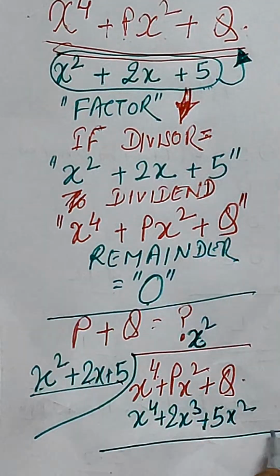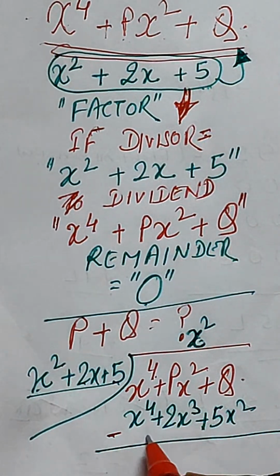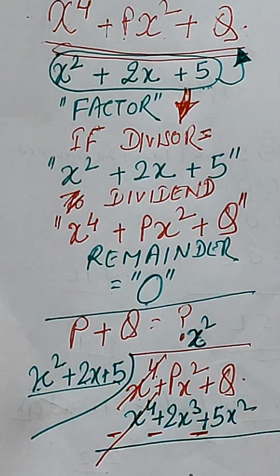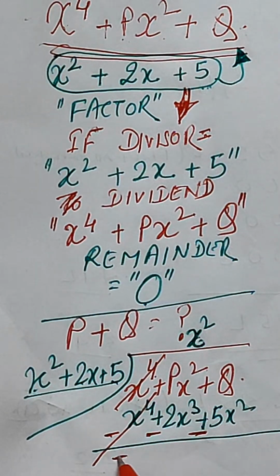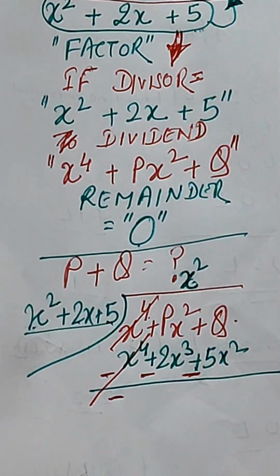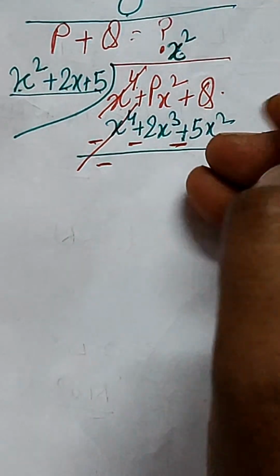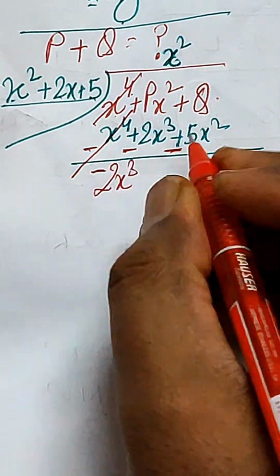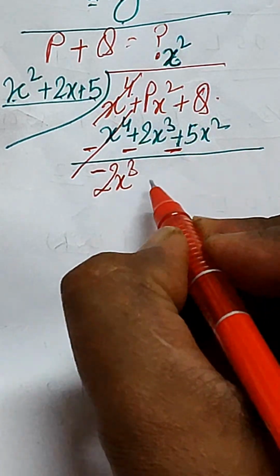Now just simple subtraction will happen as in division. So here x4 and x4 will be cancelled out, and we are left with minus 2x cube plus px square minus 5x square.